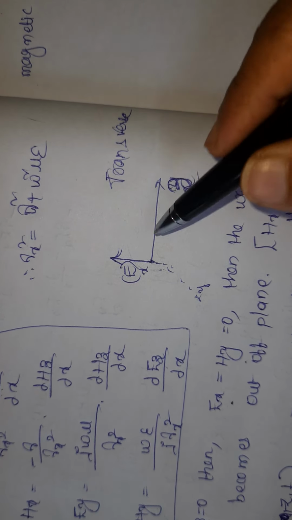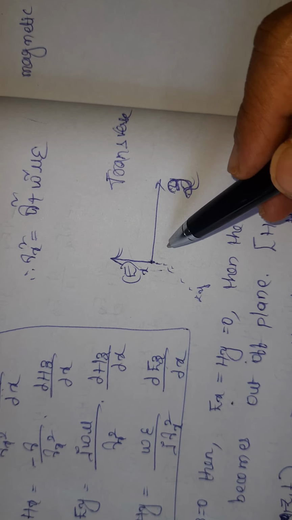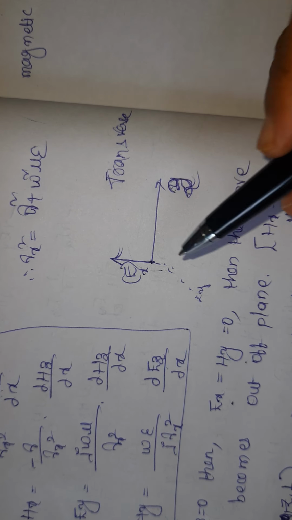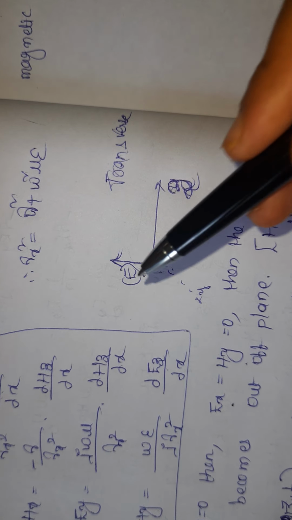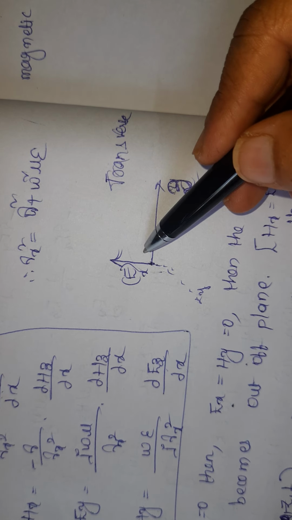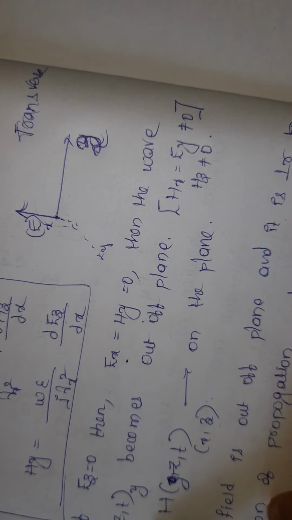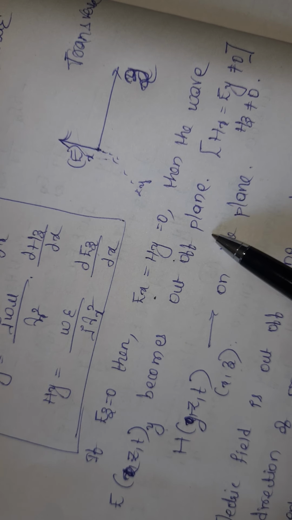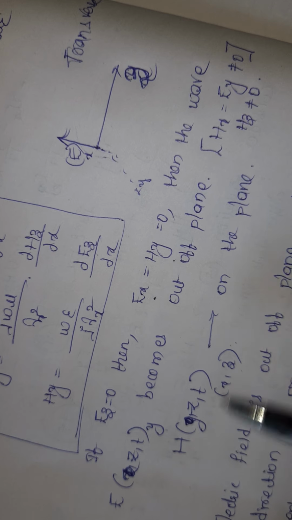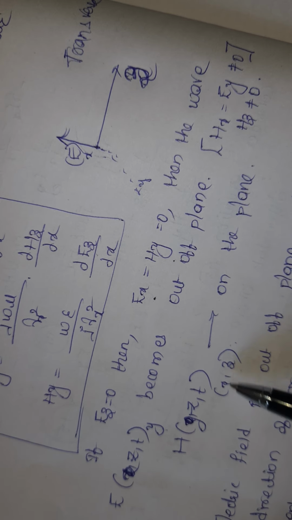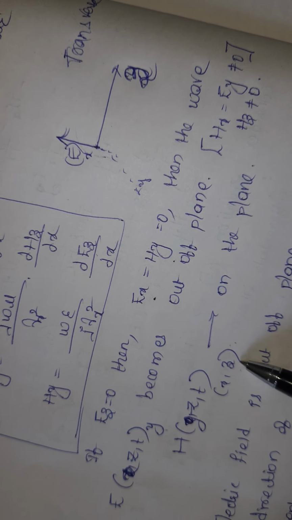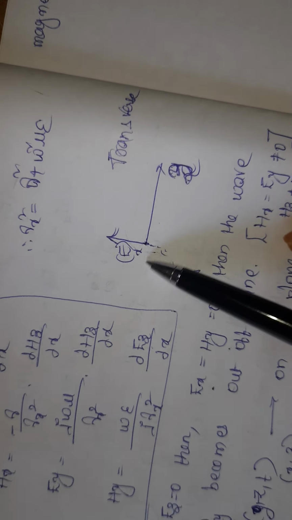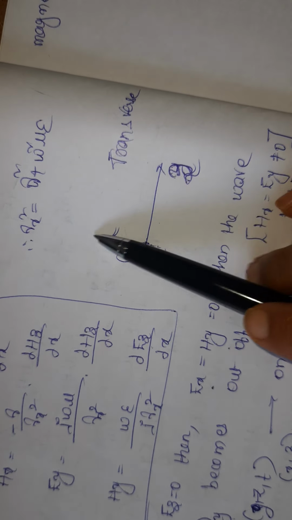So how is the y direction there? Y direction is out of the plane. That's why I am saying that electric field intensity along y direction becomes out of the plane. And magnetic field intensity is having two coordinates, x and z. Two coordinates means it is forming a plane, x, z. So it is xz plane.